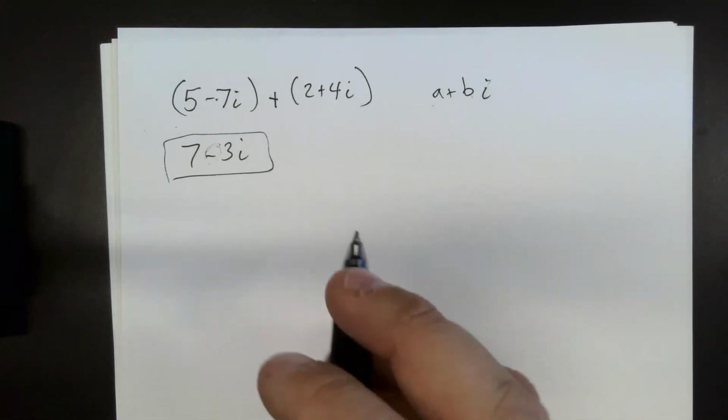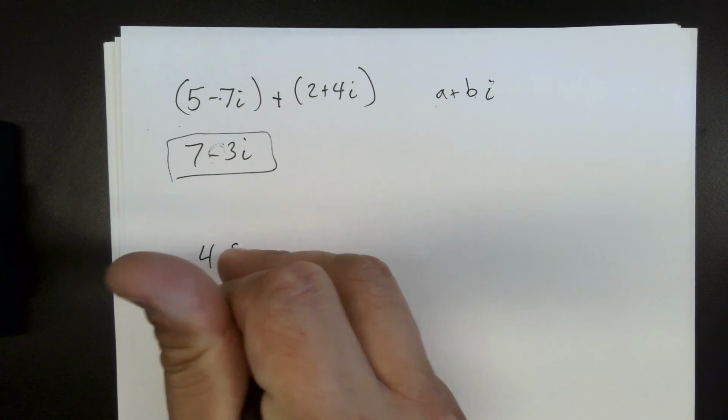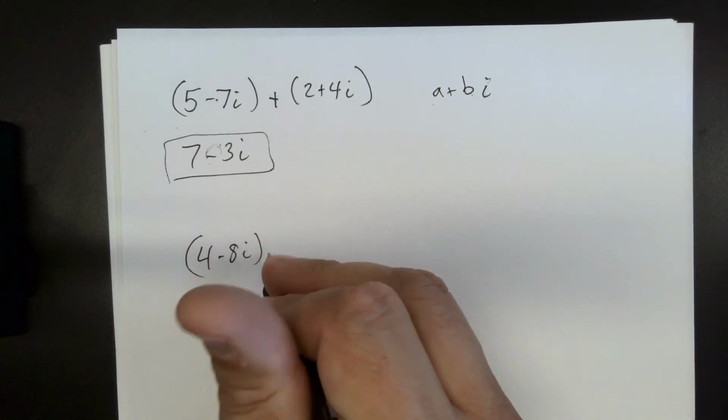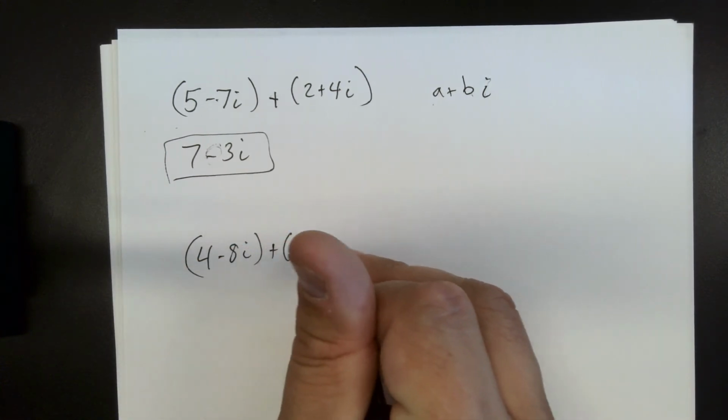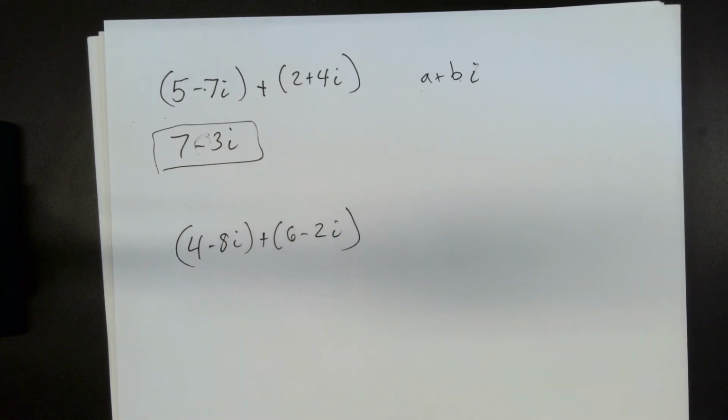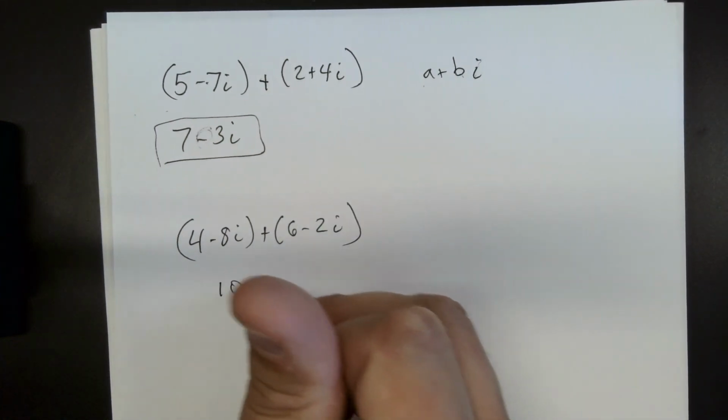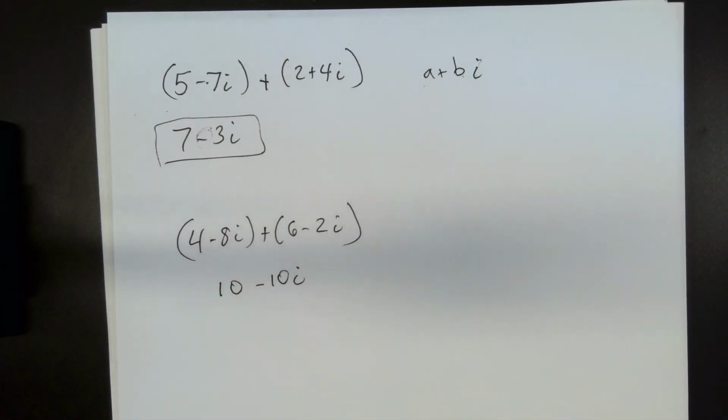If I had 4 minus 8i plus 6 minus 2i, we would combine like terms to make 10 minus 10i, and it has to be written in that form. Negative 10i plus 10 is wrong. Everyone's a real big stickler about this.